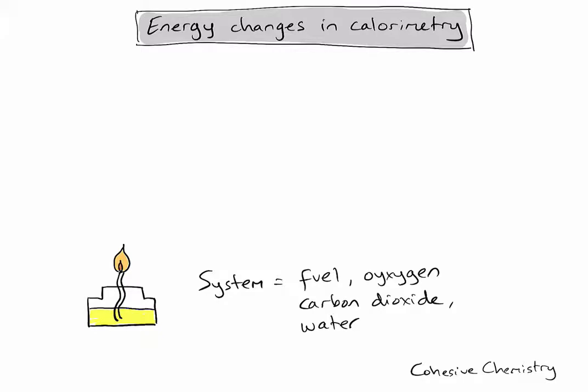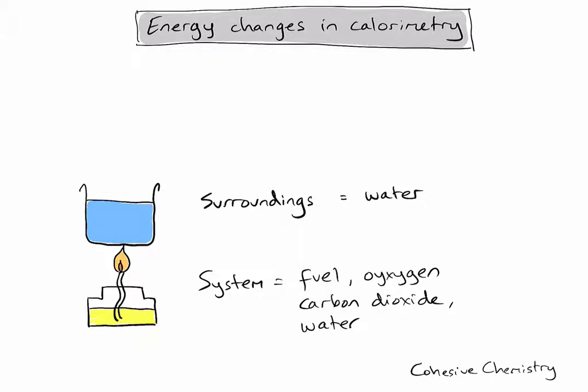So what then are the surroundings? Well, in a common chemistry experiment, you will place a beaker of water over the top of that reaction, and we are then going to assume that the water, in this case, is my surroundings. And why do we make this simplification?